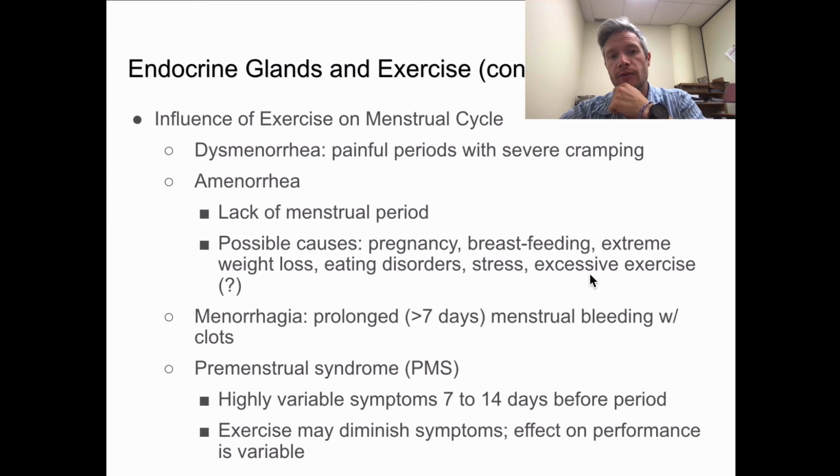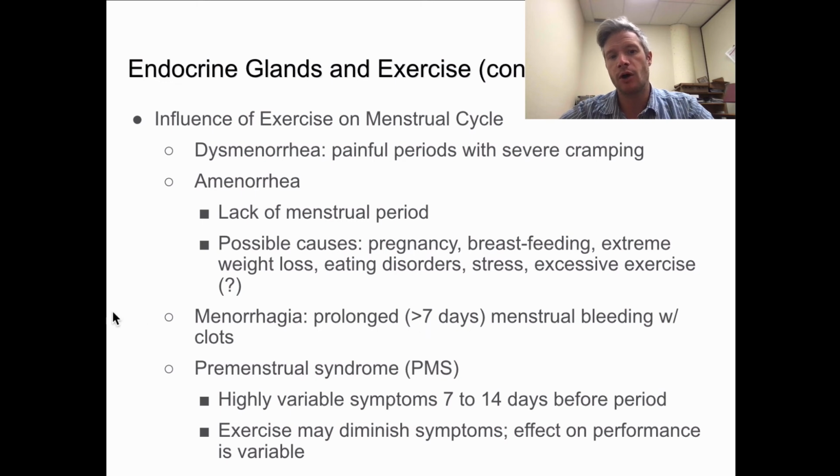Because again, if you're the one programming an exercise program for your female clients, it's really important to know if there's some sort of excessive exercise going on, or some sort of eating disorder, or lack of nutrition on the other end of that, because it's important to consider.